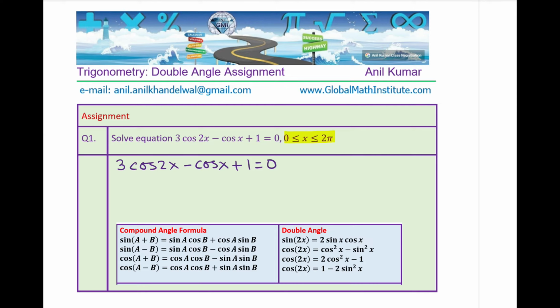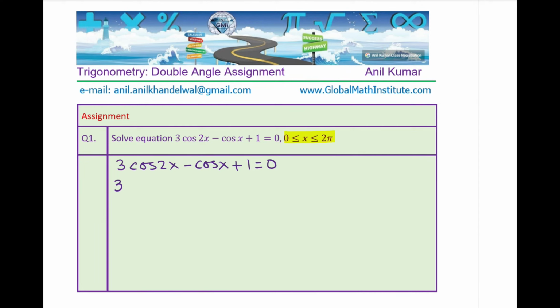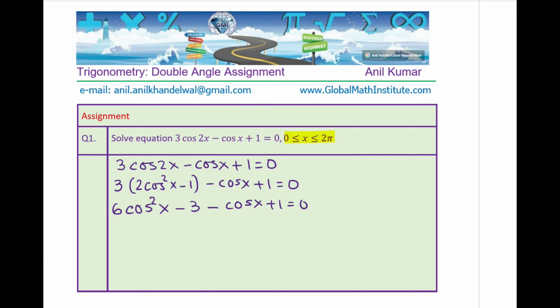And then we'll have a quadratic equation. So we can write this as 3 times 2 cos square x minus 1 minus cos x plus 1 equals to 0. Let's open the bracket and simplify. 6 cos square x minus 3 minus cos x plus 1 equals to 0.